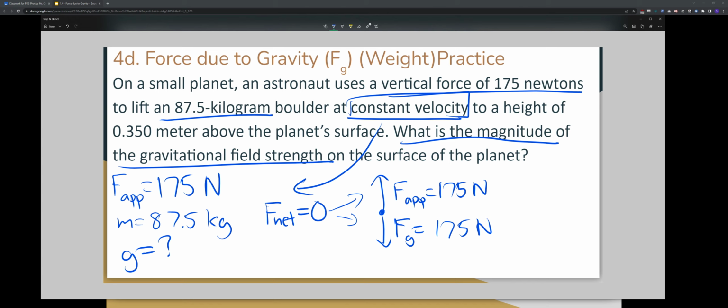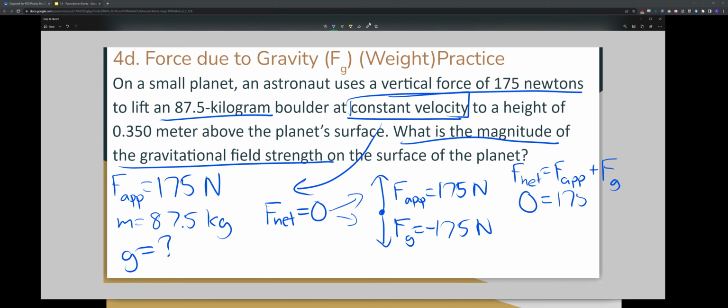My force due to gravity is a downward force, 175 newtons here. Because if I travel at constant velocity, these two numbers have to be equal for my net force to be 0. My net force is equal to my applied force plus my force due to gravity. If my net force is 0, then my force due to gravity has to be negative 175.